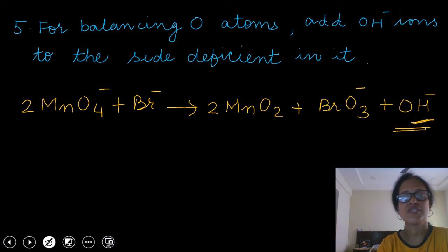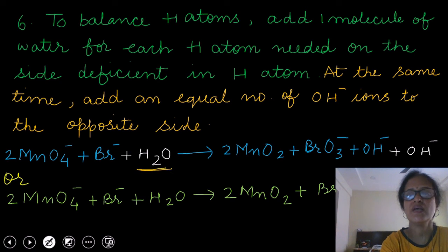For each hydrogen atom, you have to add 1 water molecule to the side which is deficient in hydrogen. So you can see here, in the product side we have 1 hydrogen, but in the reactant side we have none. So in the reactant side we will add 1 water molecule for 1 hydrogen atom, and at the same time we will add 1 OH minus to the opposite side. So we have added H2O here, and at the same time we have added OH minus.